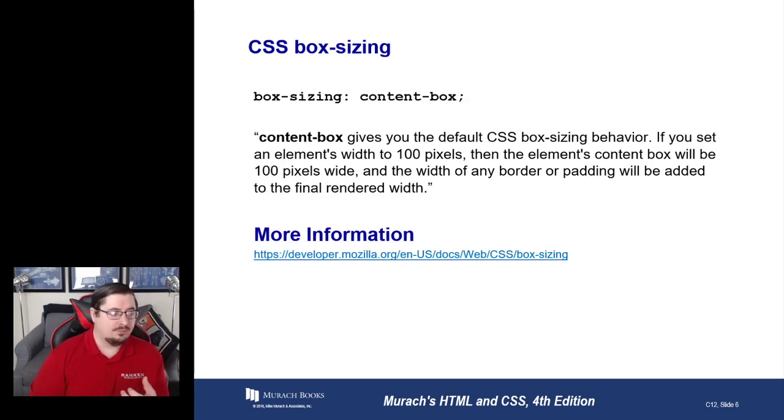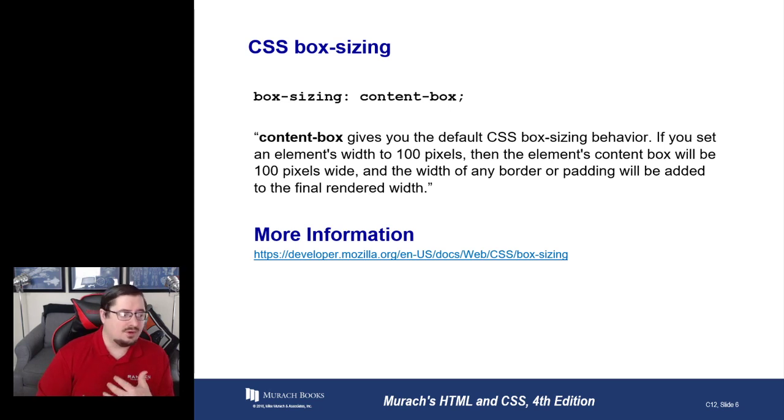Now, there's one way to change how that formula works. And this is a relatively new property. It's not actually covered in your book. But there's a property called box sizing. And there's two options for how to do box sizing. So the first one, which is the default, and historically was our only option, is called content box.